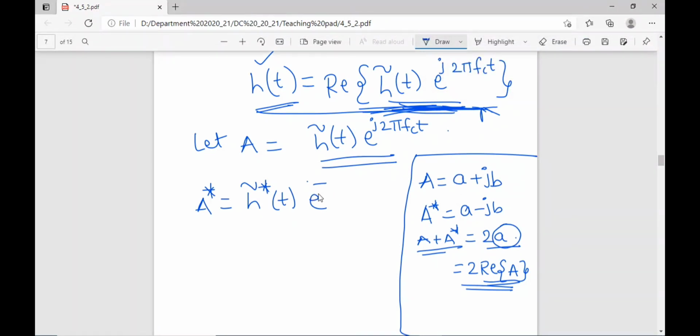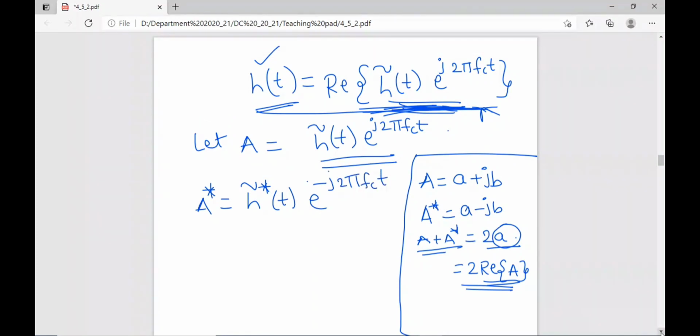What is the complex conjugate of e power j2 pi fct? E power minus j2 pi fct.